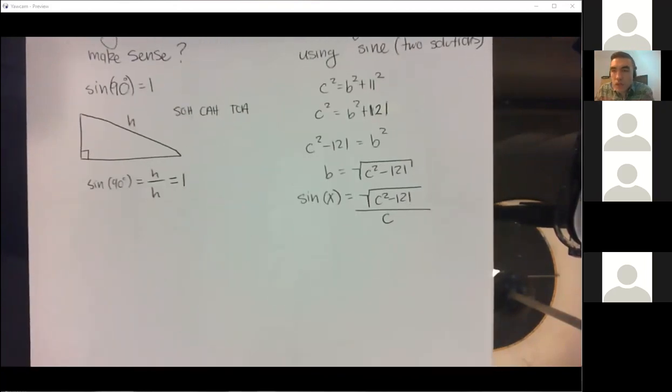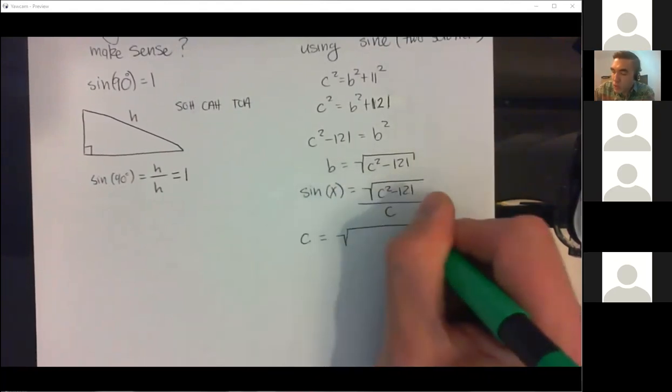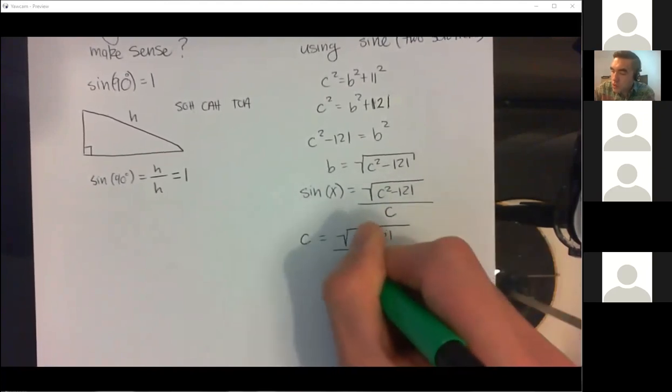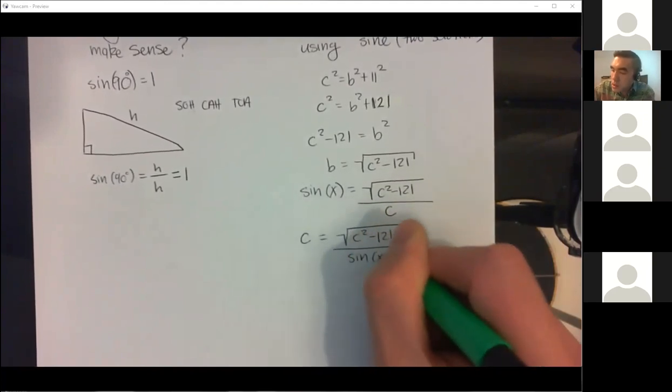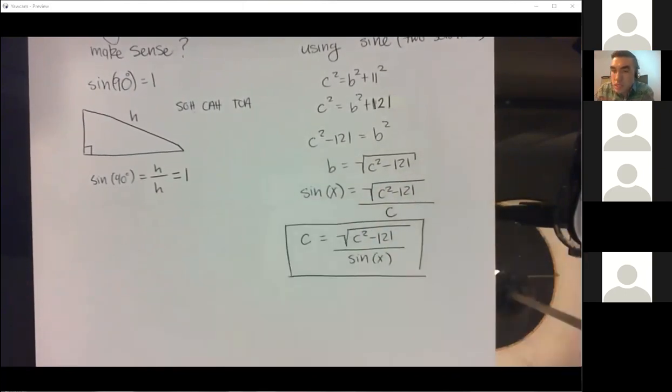And now we have a statement which involves sines and c's. So one way I can solve this out is I could cross multiply, which will give me that c is going to be equal to the square root of c squared minus 121 over sine of x. And I would accept that as one possible answer, even though it involves defining c in terms of c.